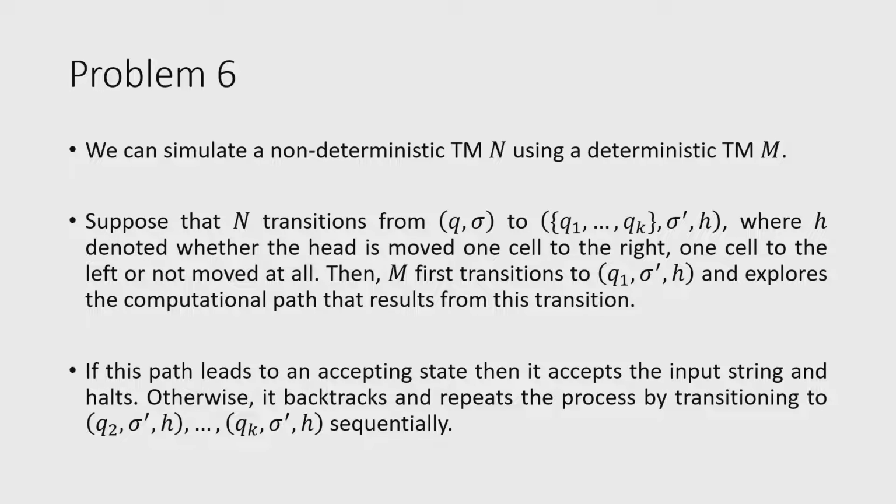Otherwise, it backtracks to this state q, sigma and transitions to the state q2, sigma prime, h and again explores the resulting computational path. Again, if this computational path leads to an accepting state, it accepts and halts. Otherwise, it backtracks to q, sigma, transitions to q3, sigma prime, h and repeats this process for all states q3 to qk sequentially.